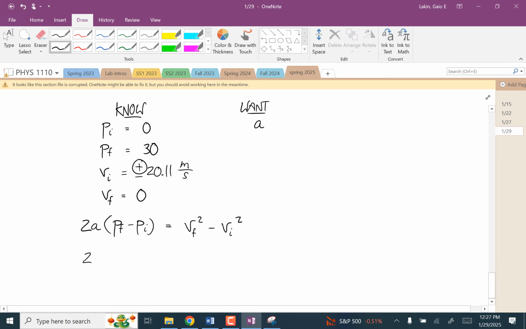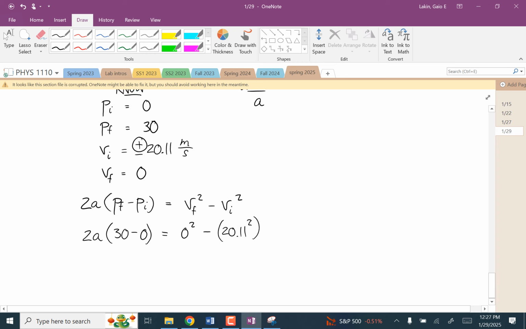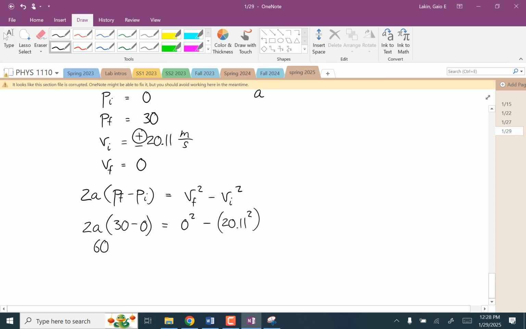Okay, so 2 times A times the quantity 30 minus 0 is equal to 0 squared minus 20.11 squared. And so that says 60A is equal to 404.69.